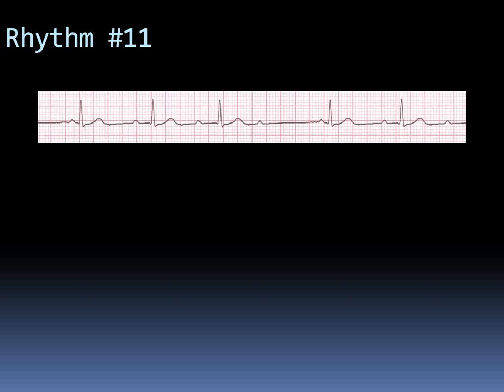Now this rhythm once again is not that dangerous. However, if a patient is symptomatic, if he is dizzy, if he is passing out, only under those circumstances do you need to worry about this rhythm. If you see this rhythm in a patient who is totally asymptomatic, I would not worry about it.